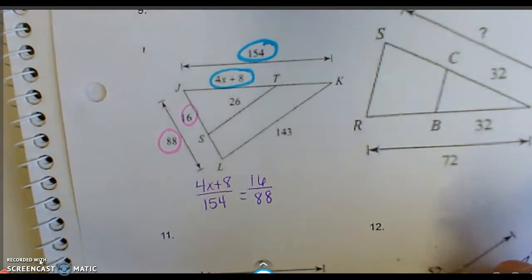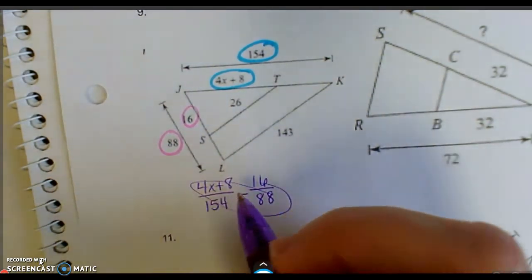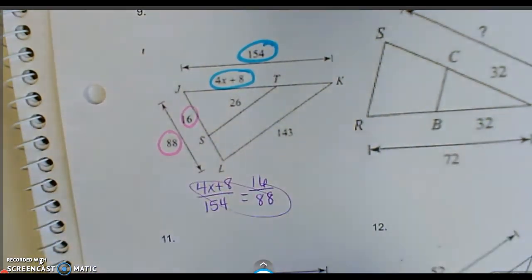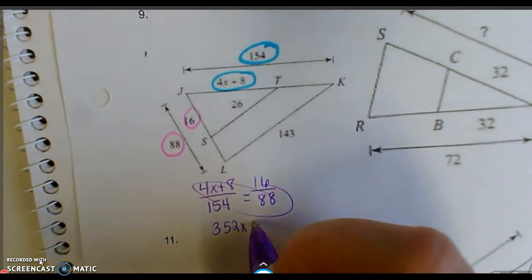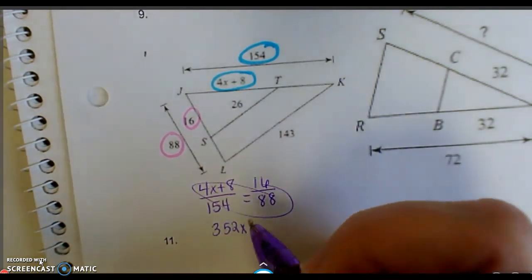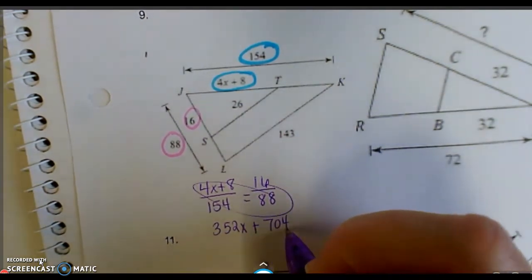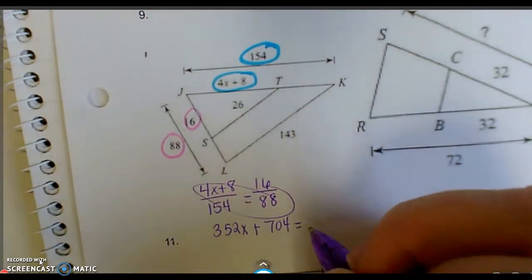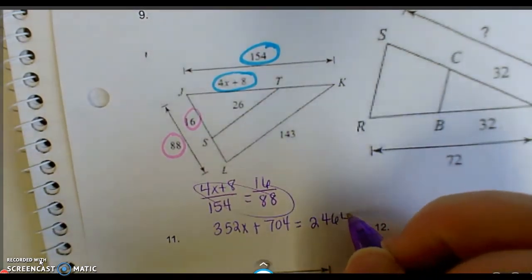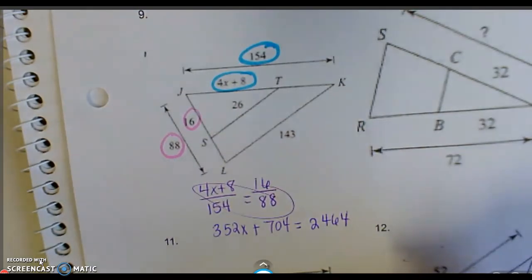Okay, cross multiply. So 88 times each of those two things. Okay, and then I'm going to subtract 704.